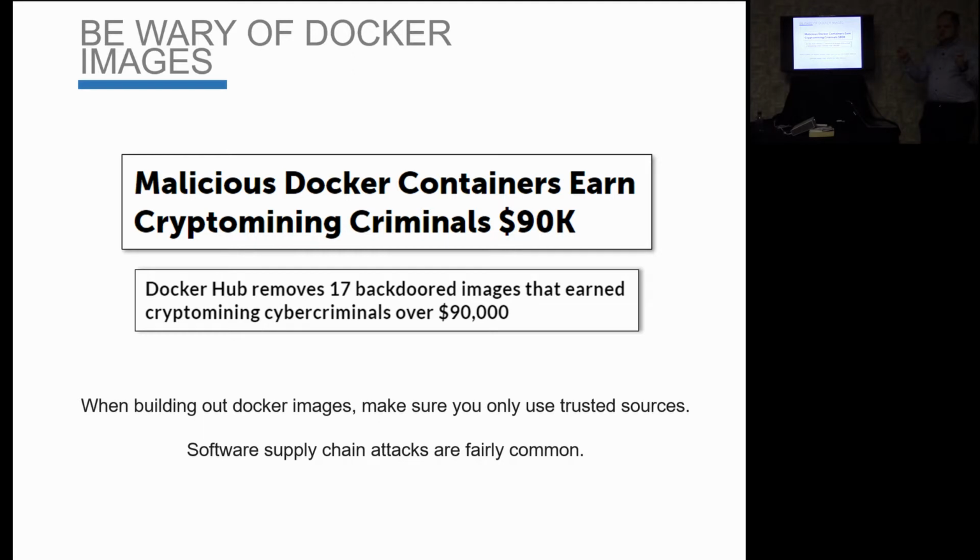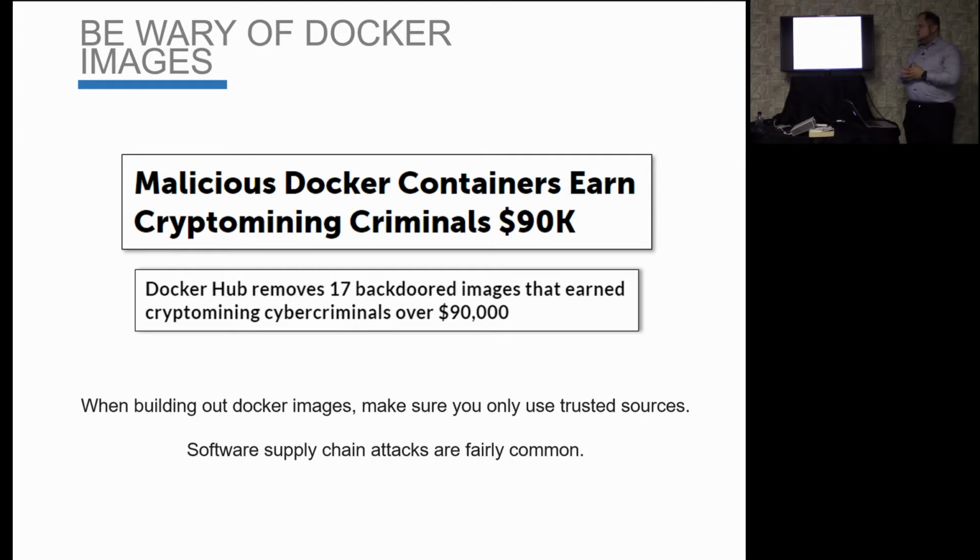It was legitimate software, but there was also a crypto miner inside the container, and it was downloaded over 5 million times from the Docker registry and running on who knows how many hosts, but they made $90,000 from mining Monero using these Docker containers. So it's very important to use trusted sources.